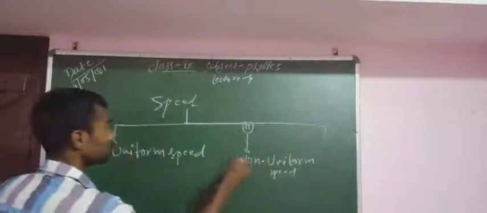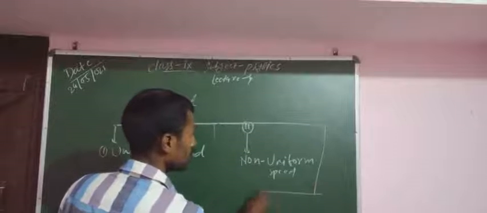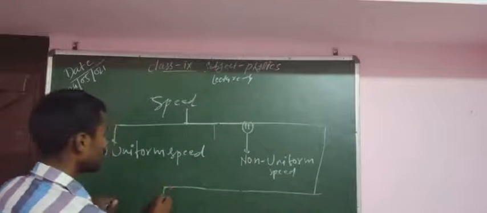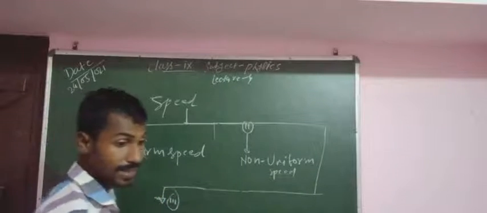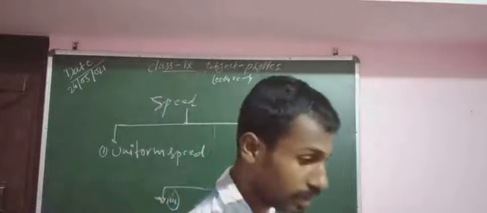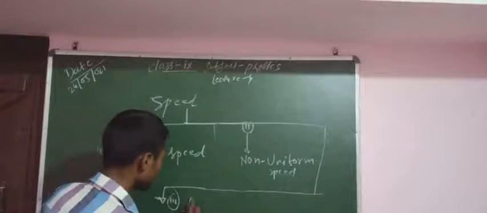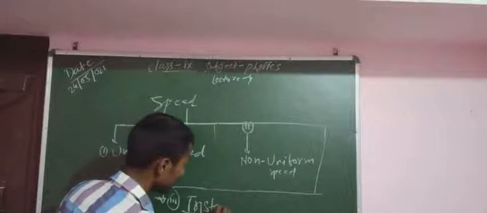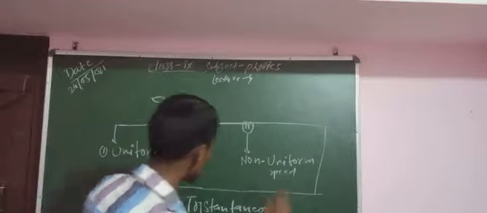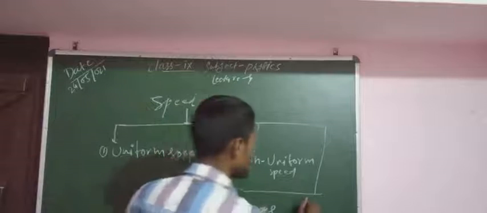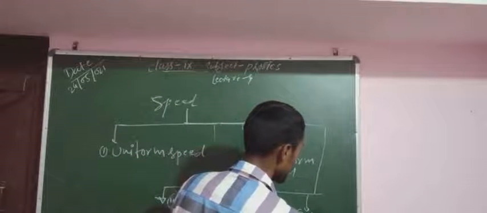The third one is instantaneous speed, and the fourth one is average speed.